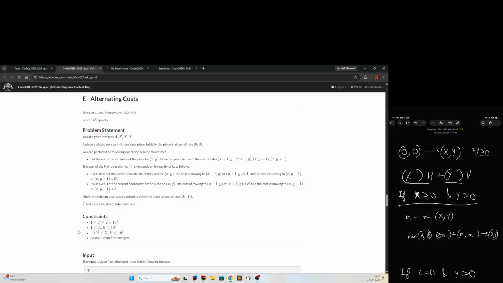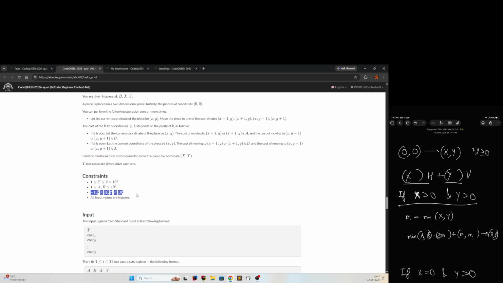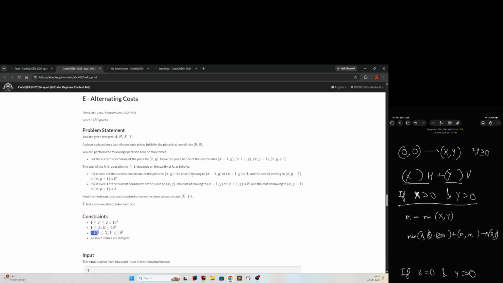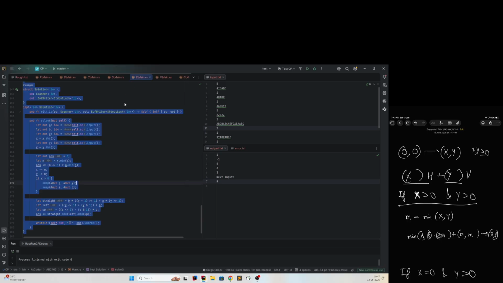In this problem, we are given x and y as negative as well. But if we realize, since we only care about parity, and we can move one horizontal step with cost A and one vertical step with cost B, the sign doesn't matter here. So if we see the implementation, I have already taken the absolute values of x and y.